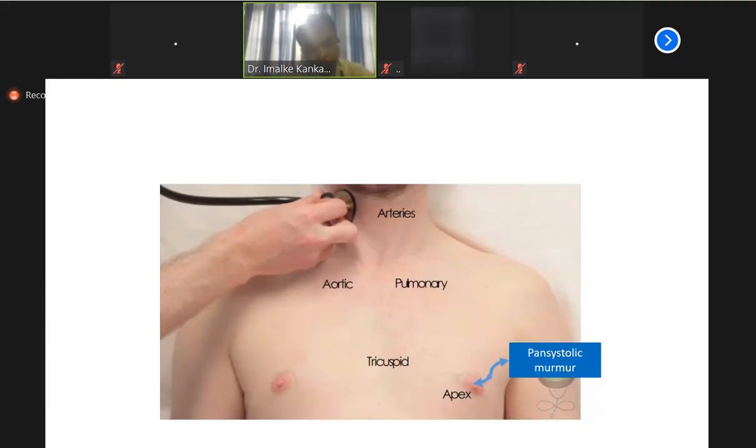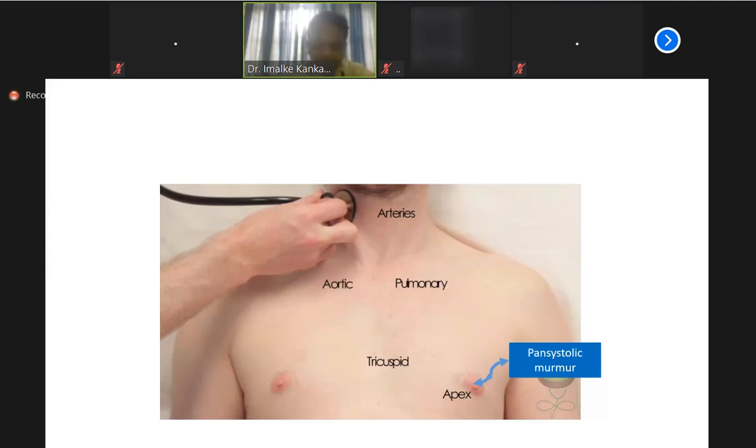You can't have an ejection systolic murmur at the apex. Now don't look at PubMed and Google and say how many ejection systolic murmurs you can hear at the apex. I am telling you to get through this exam, not to become a cardiologist, right?